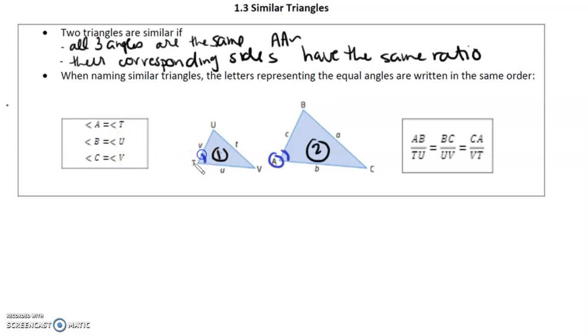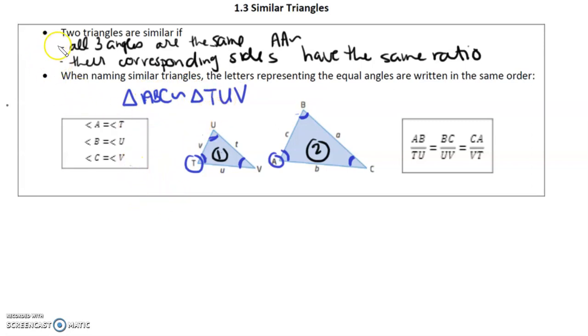That's going to be equivalent to angle T. Angle B is here, and that's equivalent to angle U. And angle C is equivalent to angle V. How we would write that is, if we wrote ABC, we would say triangle ABC is similar to triangle, and then we'd write the angle that corresponds to A, which is T, the angle that corresponds to B, which is U, and the angle that corresponds to C, which is V. So triangle ABC is similar to triangle TUV.